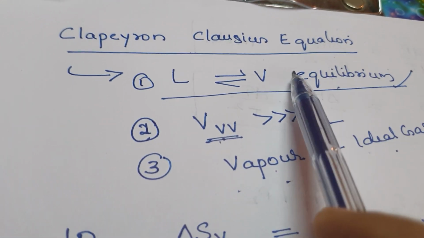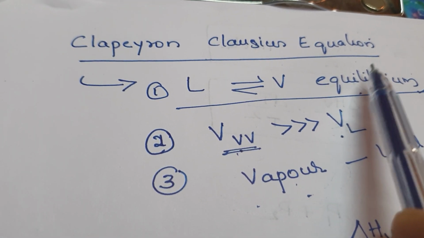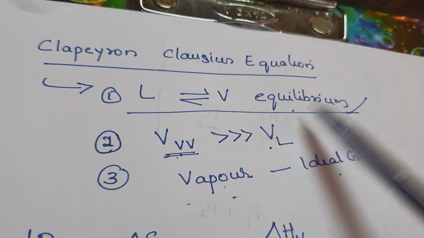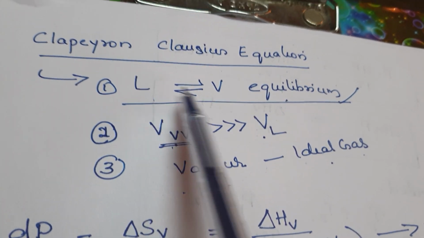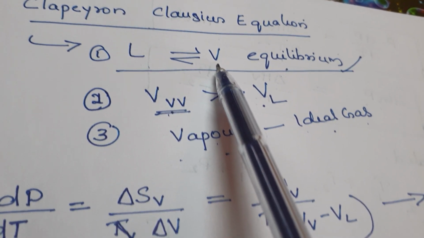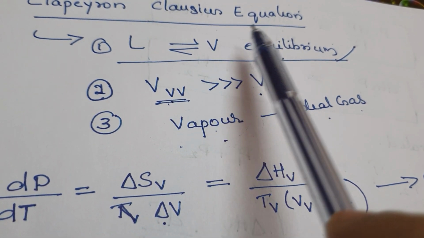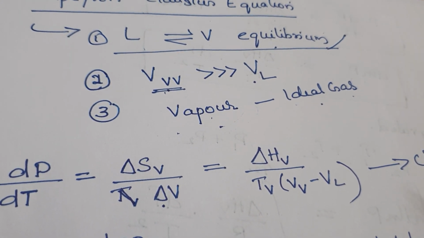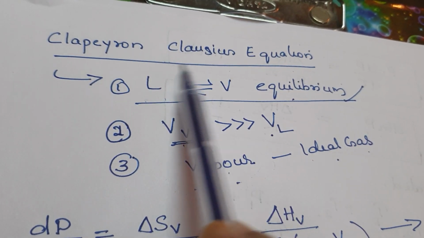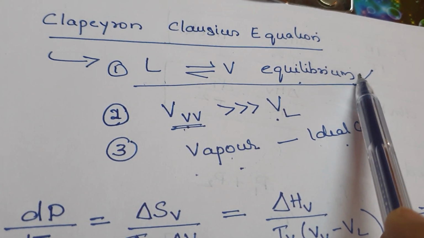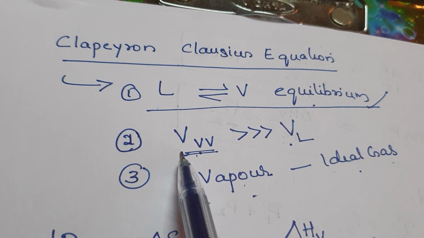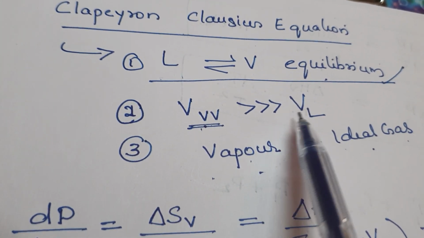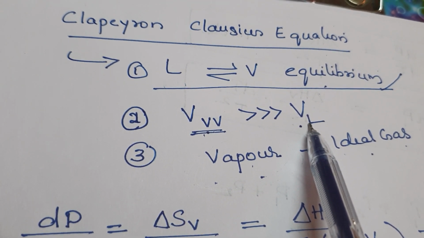Okay, the Clapeyron-Clausius equation is the same as the Clapeyron equation only, but we take three limiting conditions. One is we are applying it only to liquid-vapor systems. We are not applying it to any other physical equilibrium systems, for example, solid to liquid or solid to vapor, etc. We are doing it only to liquid-vapor equilibrium. The next one is that the volume of vapor is always much greater than the volume of liquid.